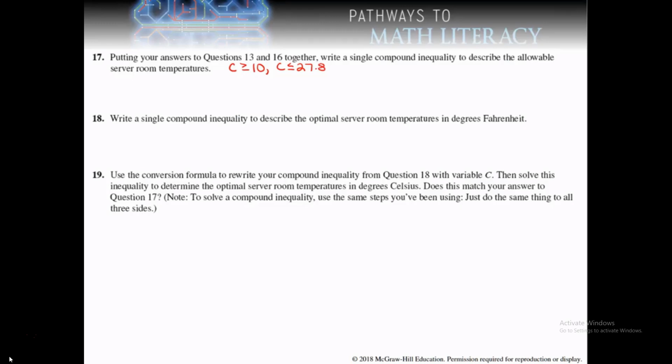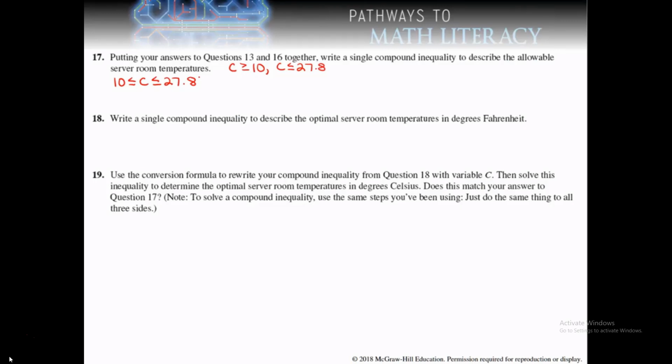So to write that as a single compound inequality, we'll say that 10 is less than or equal to C, which is less than or equal to 27.8. In 18, it asks us to write a single compound inequality to describe that temperature in Fahrenheit.